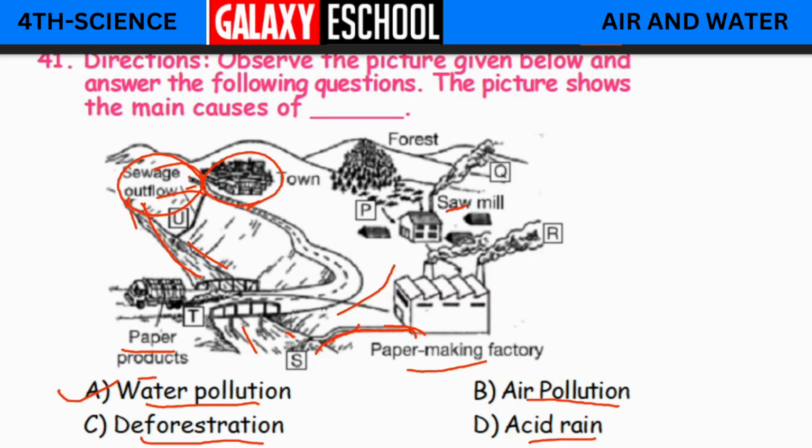And the people living in the town, not only people, because when it is a town you might have some business activities also, all that waste is thrown here, which again is mixed in this water. So that is why this is water pollution.